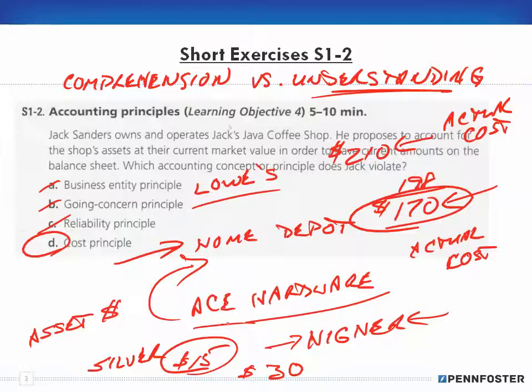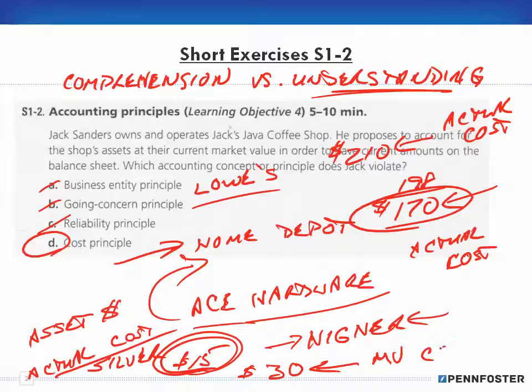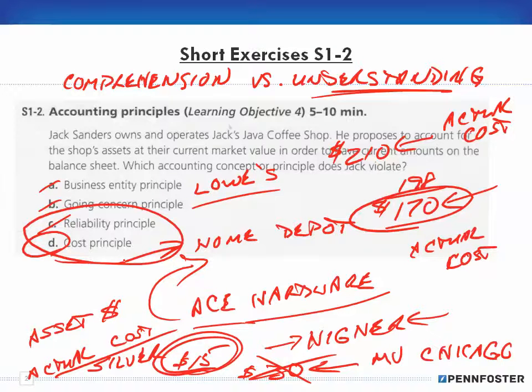Well, if you buy it at 15, that's your actual cost. That's what you have to record as an asset, even though the market value in Chicago is 30. You cannot record it at the 30, so that's why it's violating the cost principle.